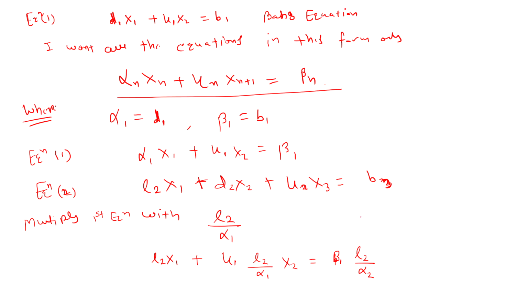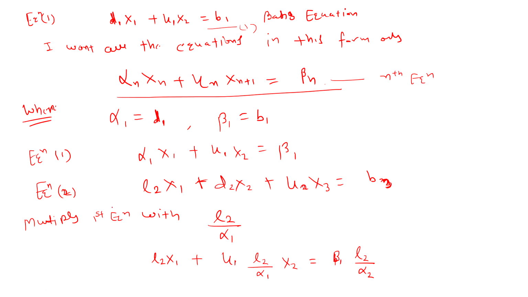Now we subtract. So let us write down the equation numbers. This is equation number 1, which can be written as the nth equation, and this is equation number 2. Why are we giving it equation number 1? Because this essentially means this equation only.